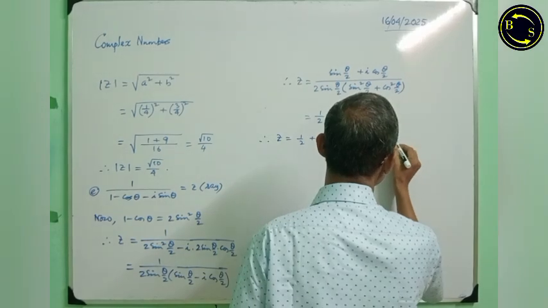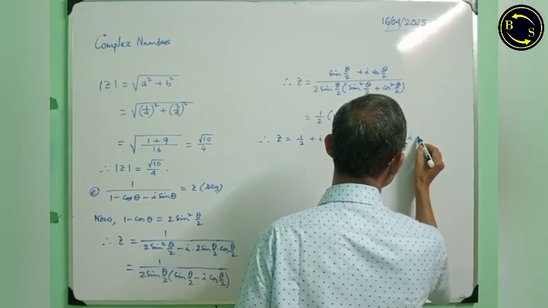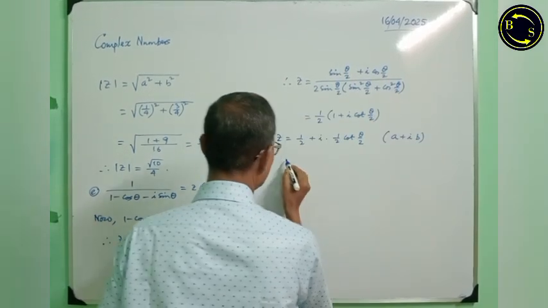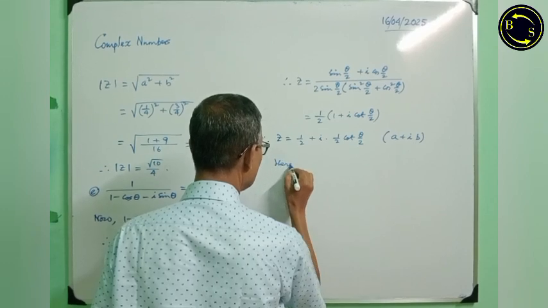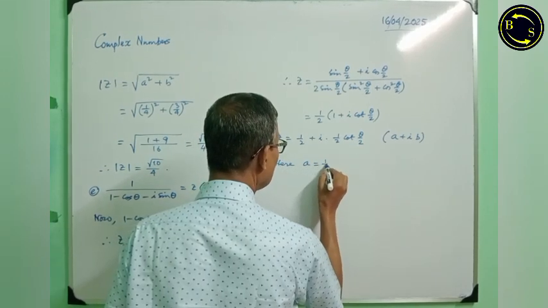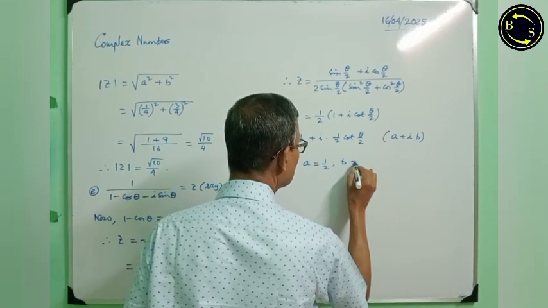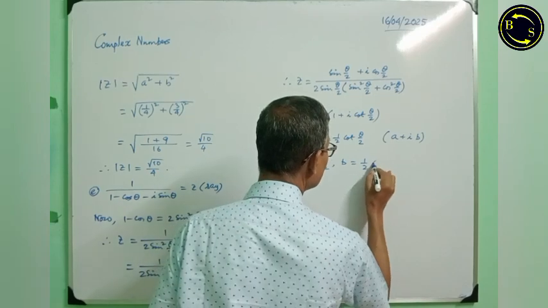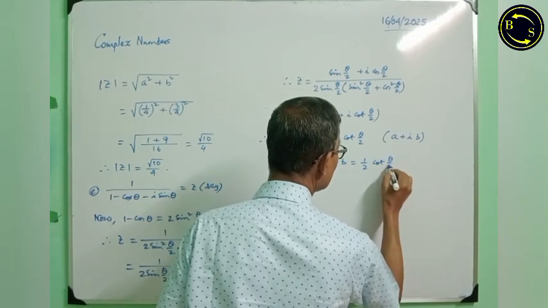This is of the form a plus ib. Here a equals half, b equals half cot theta by 2.